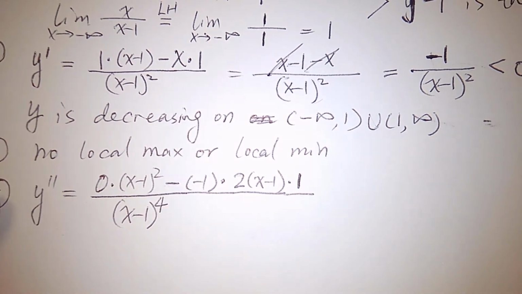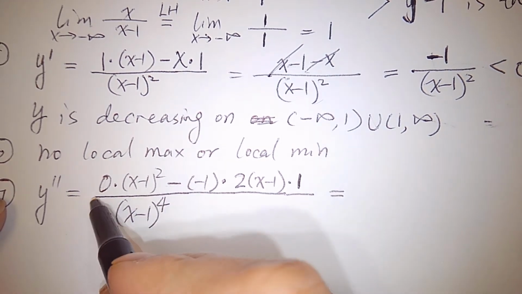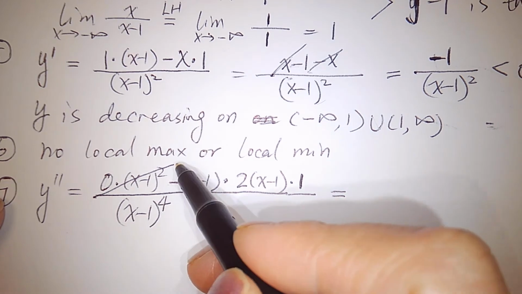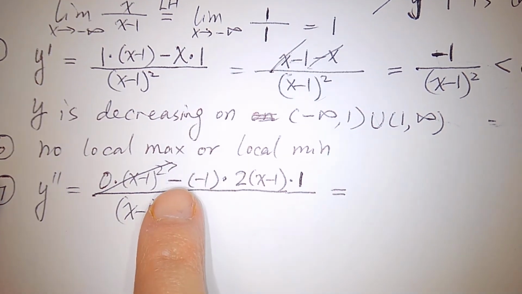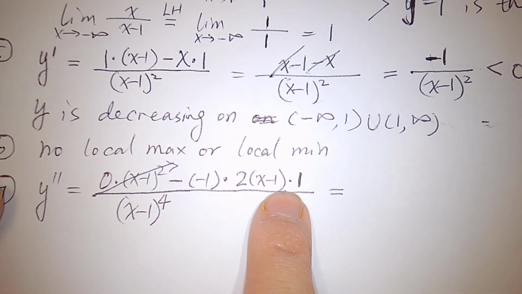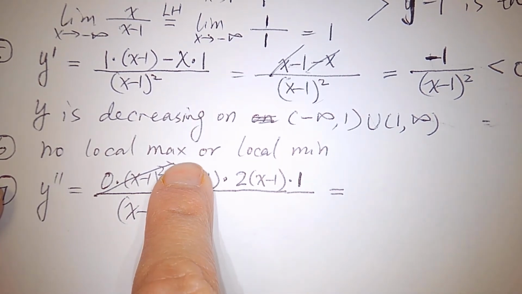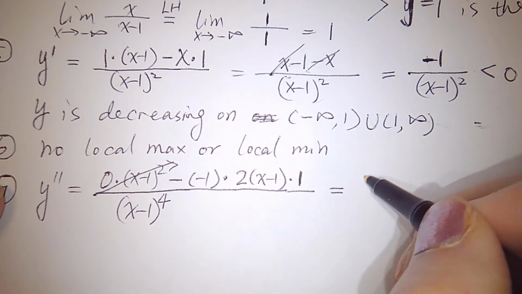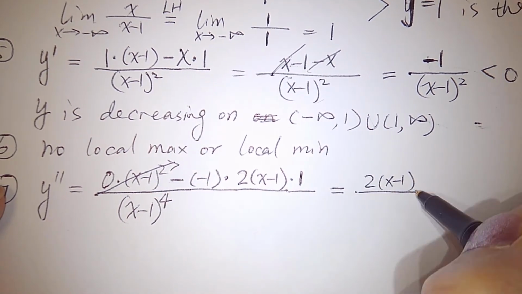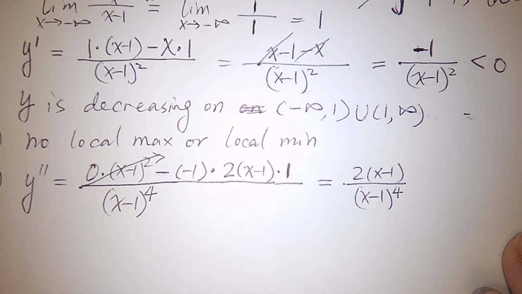You guys, that's good? Alright. 0 times the square, 0, gone. Minus negative 1 times 2 times x minus 1 times 1. Negative becomes positive. So on the top we'll have 2 times x minus 1. On the bottom we have x minus 1 to the 4th power, right?